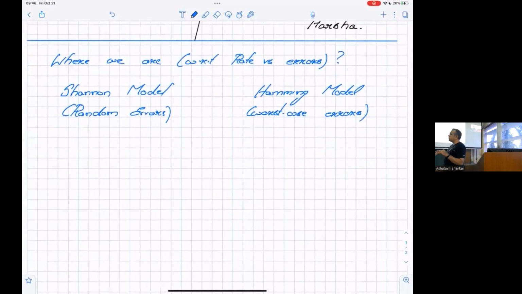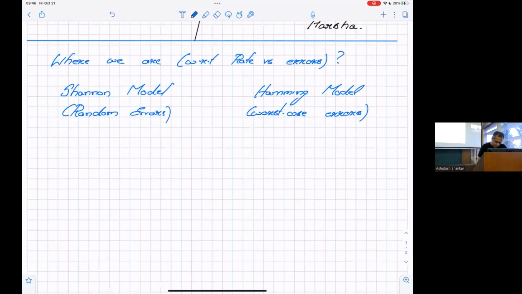We haven't been doing it recently, but in the early part of the course we were doing this. So let's draw the plots we have for both of these. Let's restrict our attention to the binary channels, where the only errors are flips. In the Shannon model, that will be the BSC channel. In the Hamming model, it will be corruptions with an upper bound on the number of corruptions we can handle.